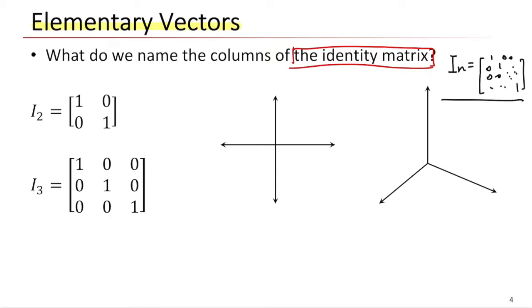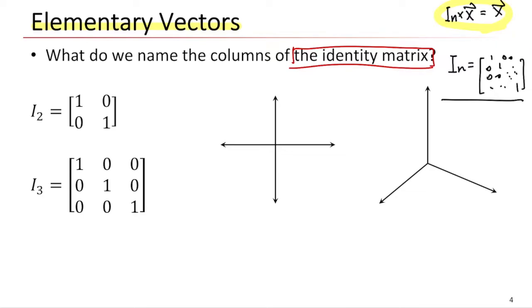This is the identity matrix. Why do we need the identity matrix? Because it has a desirable property: the identity matrix times a vector gives the vector itself. This is a very important property.